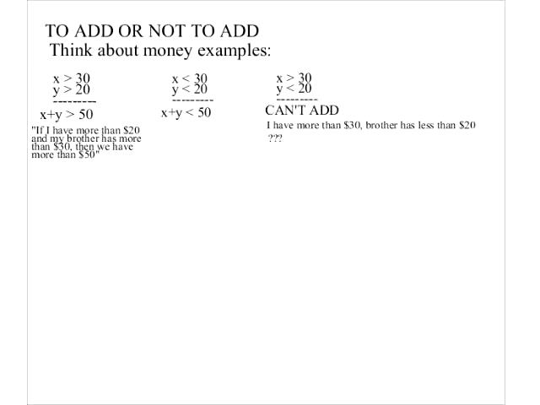If I have $1,000 and he has nothing, then that's more than 50. If I have 31 and he has nothing, that's less than 50. So these work. You can add two of the same inequality.